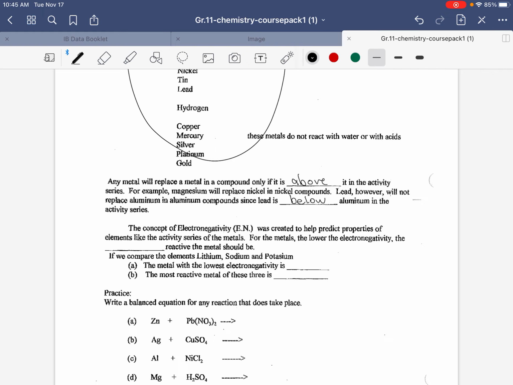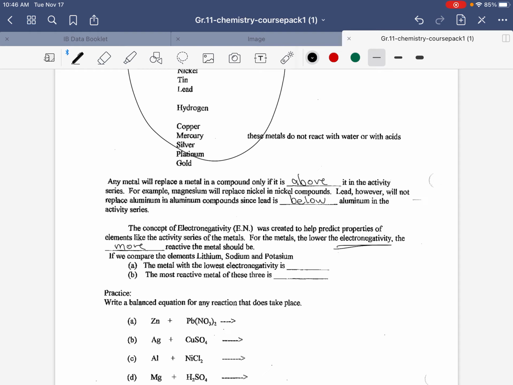The concept of electronegativity also plays a role here to create this electrostatic series. Okay? Because you can think of it as this. For a metal, the lower the electronegativity, the more reactive the metal will be. Now, that's kind of obvious if you think hard about it.